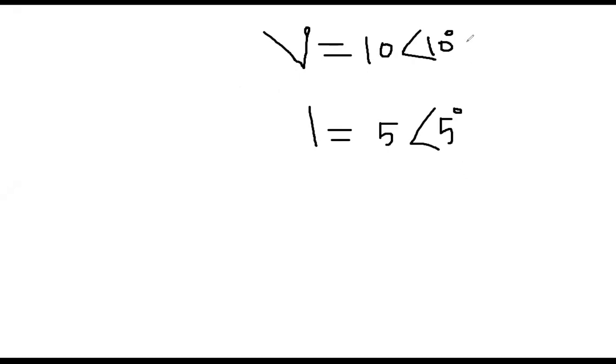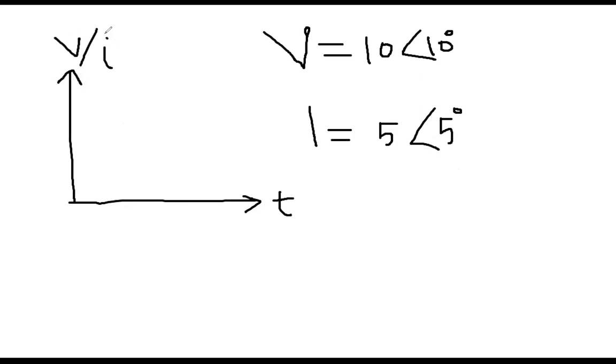So that is the question: which signal is leading or lagging? You can determine leading or lagging in two ways. First of all, let me plot those two. This is the time axis, and this is the voltage or the current.